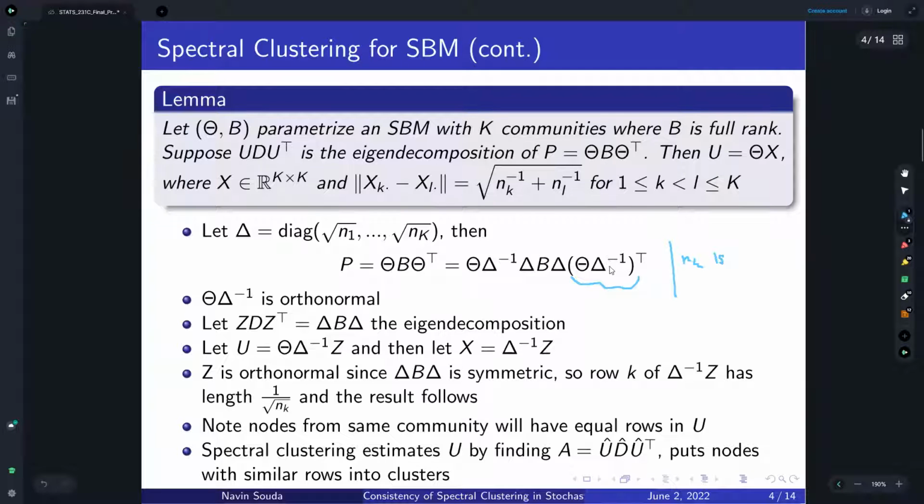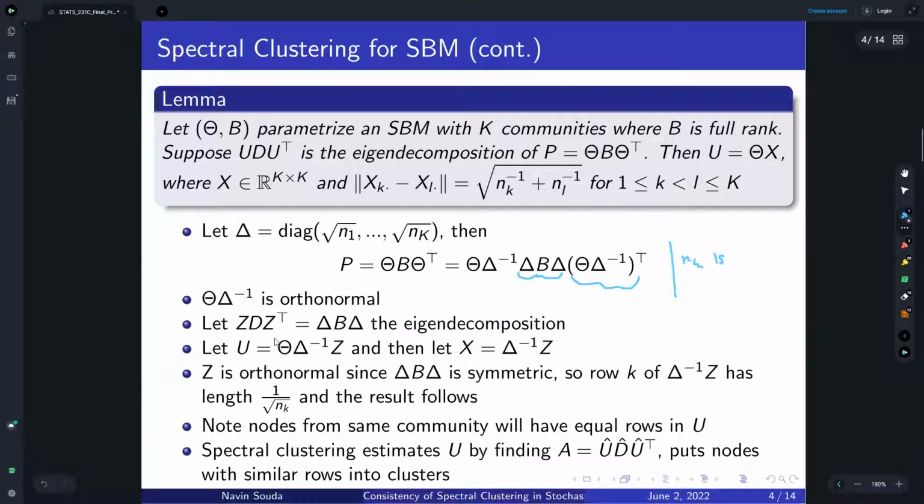When we multiply by delta inverse, we're dividing everything in that column by root n_k, and so the columns are going to have norm 1. So we have that theta delta inverse is orthonormal, and we're going to use that a bit later. But first we'll let Z D Z transpose be the eigendecomposition of delta B times delta, which is the middle term here.